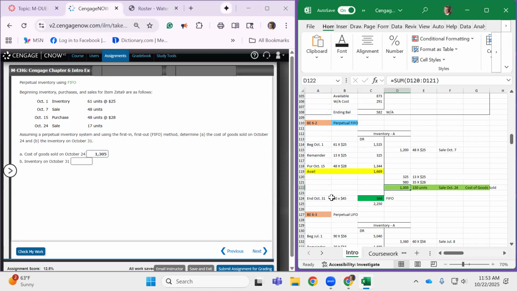So now at the end, how many do we have remaining? We sold 48. That's the key. We had 61 and 48, so if we add these together, and this remainder shouldn't count.